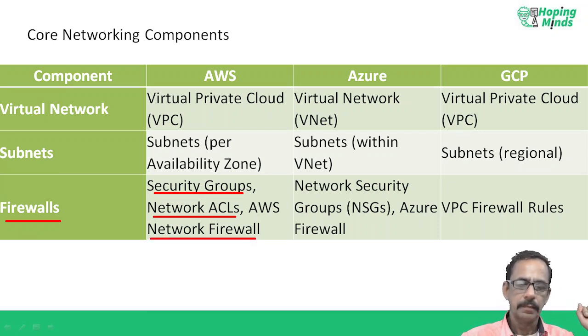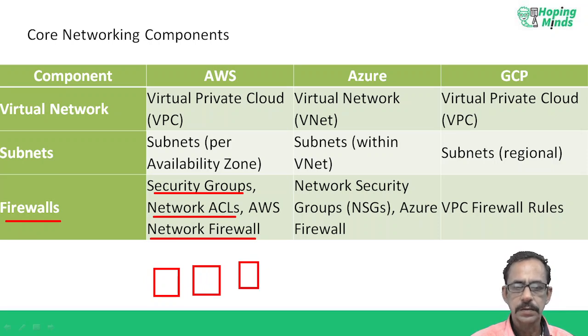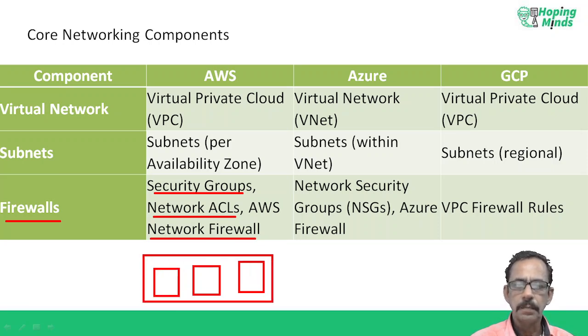Security groups work at a single instance level. NACL works at the complete subnet level. Here is the NACL, and security groups are at the single machine level.